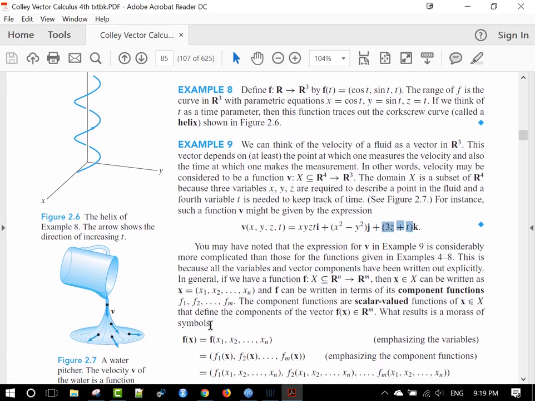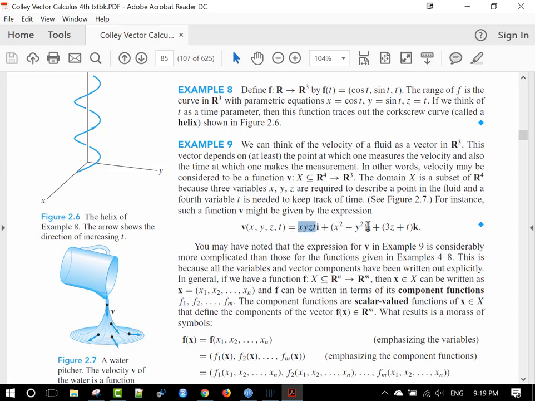So we can say that if f goes from Rn to Rm, and then you see the bold f, that means that it's vector valued, and that means that m is not 1. So we can think of it in terms of the component functions. So f1 is called the first component function, and that's here.